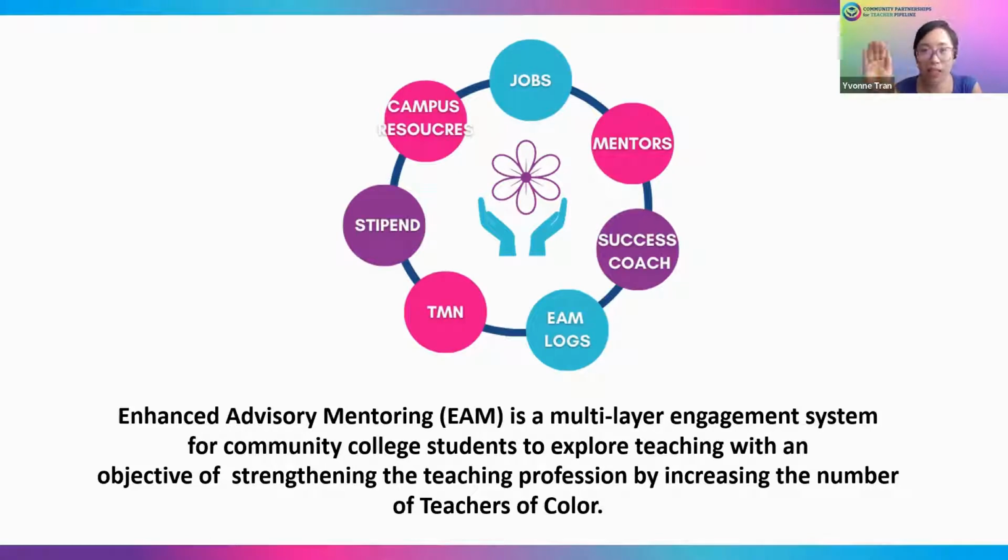And it's a multi-layered level of engagement for community college students to explore teachings from the job opportunities, the mentors that you all have access to, the success coach, the EAM logs to be able to track your journey through exploration, TMN, teacher mentoring network, events, workshops, and the connections you make there, the stipend, as well as the campus resources, all really are trying to elevate and enhance the objective of strengthening the teaching profession by increasing the number of teachers of color.